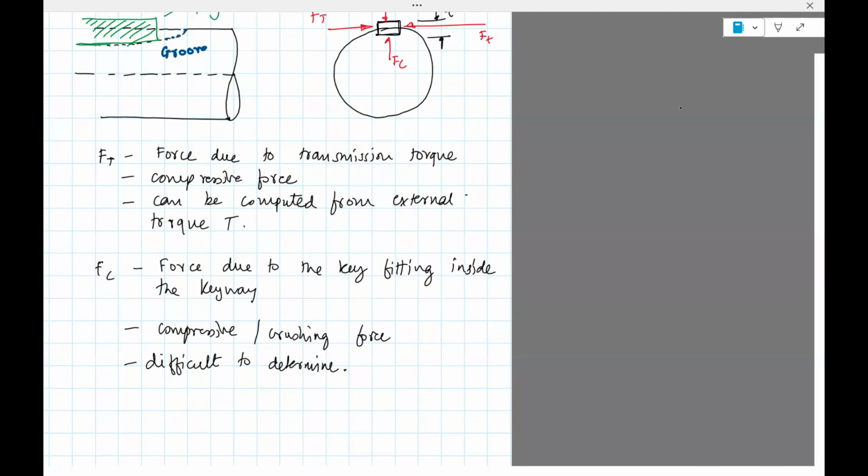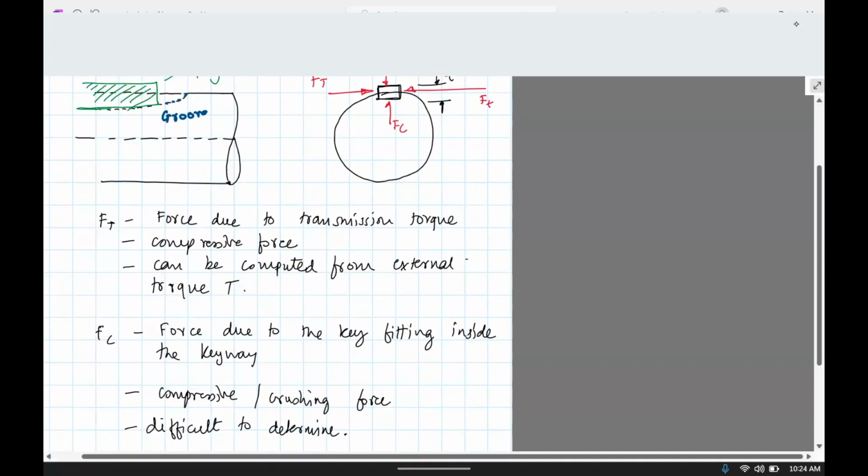So now let's look at the actual stresses, which will help us figure out first the stresses and then the factor of safety for keys. So let's get started with that.